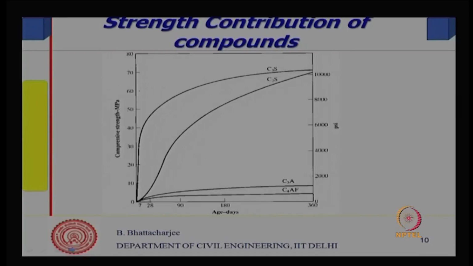And we have seen that it is first the ettringite reaction, followed by formation of C-S-H after about 6 hours or so, and then calcium hydroxide also comes out. In this case actually C3S reacts earlier, C2S reacts late. So, therefore, strength development if we see, C3S is responsible for early strength development, C2S initially does not, rate of strength development is not much, right.